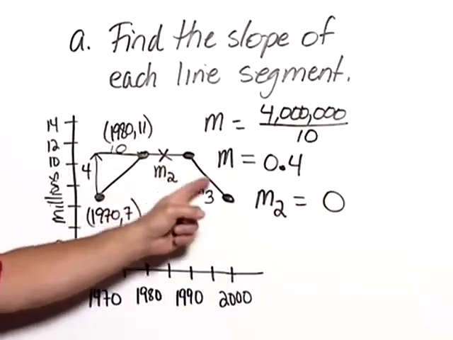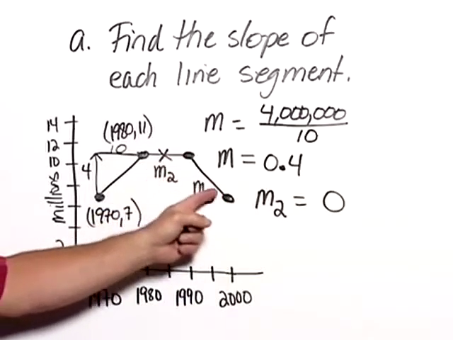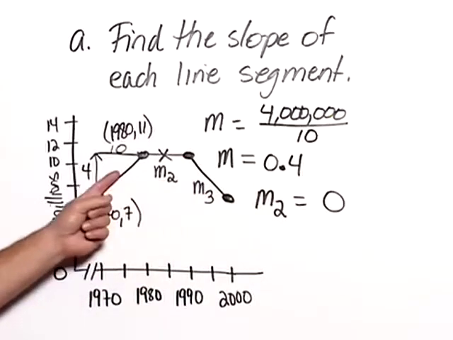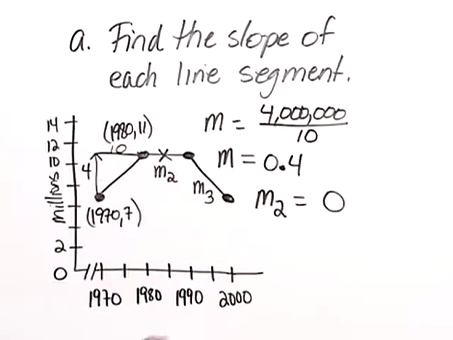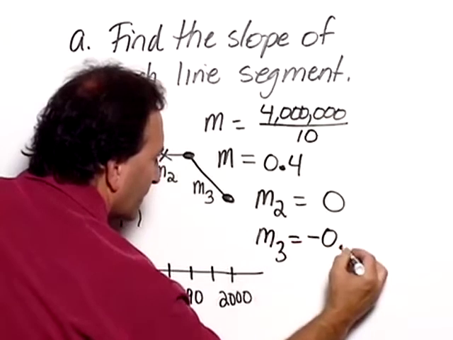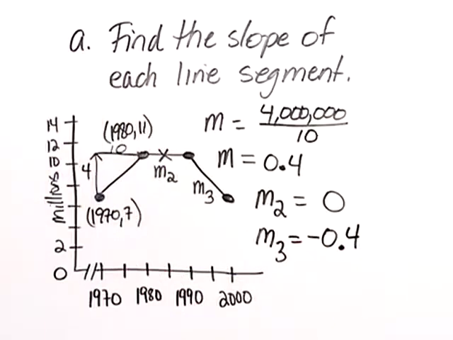And so what I'm getting at is that this slope has the same numerical value, or the same absolute value, I should say, as this one, but it's negative. In other words, M3 is negative 0.4, and again, that's in millions per year.